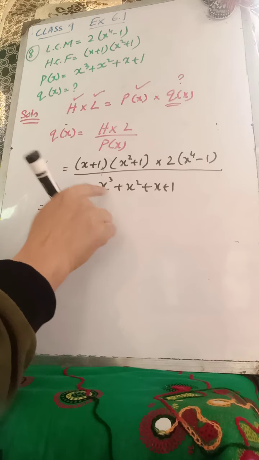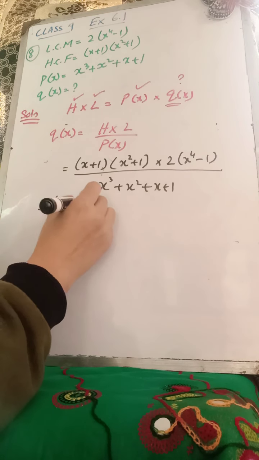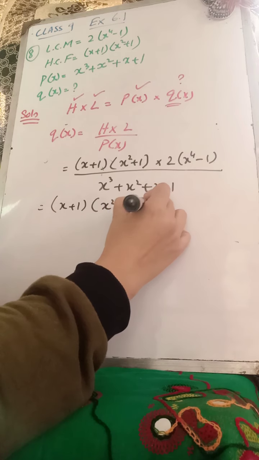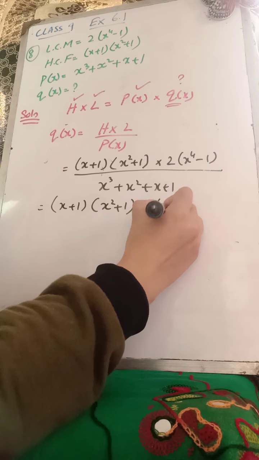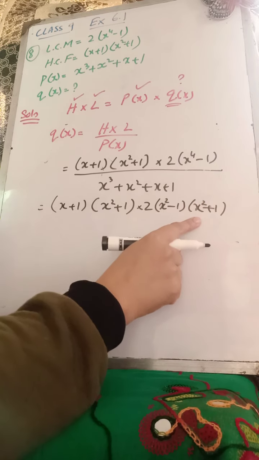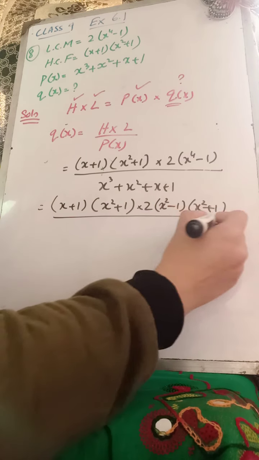Now this expression is factorizable as well as this expression. So I am going to factorize this expression, which will give me, by the a square minus b square formula, x square minus 1 into x square plus 1 as factors. Then once again I factorize this x square minus 1, and let me do it in the next step.